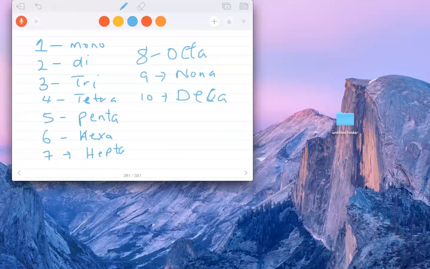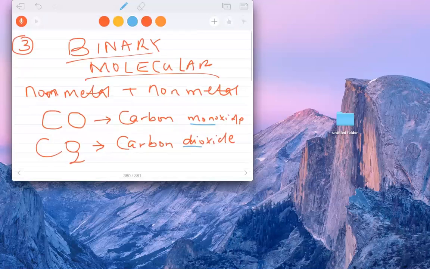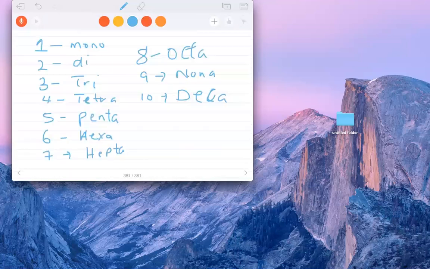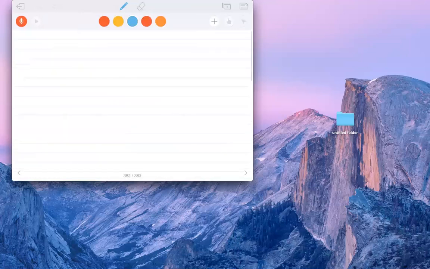These prefixes are for binary molecular non-metals. That is why we say carbon monoxide: we have one oxygen. Dioxide, we have two. Here is another example: N2O5.